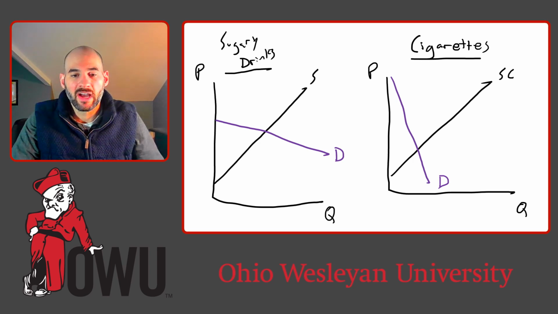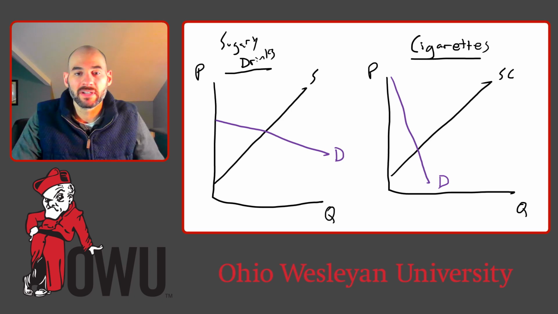And let's think about now how taxes impact both supply and demand. So we're going to place a tax on the sale of sugary drinks and cigarettes to nominally be paid by the producer, by the end point of the sale. And so anytime we tax supply, we're going to shift the supply curve up and to the left.